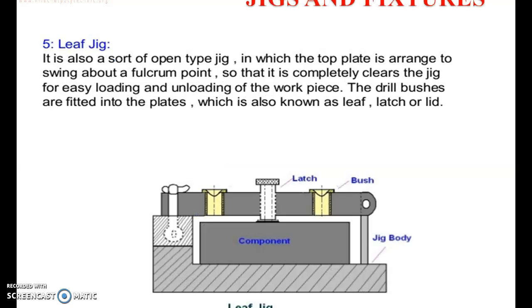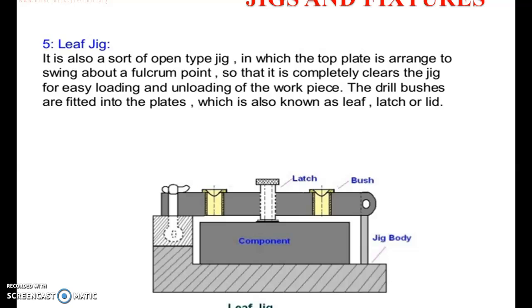So let us discuss this lip jig. Here we have it. It consists of a lip, this is the so-called lip, or a plate hinged on this body at the hinge point.